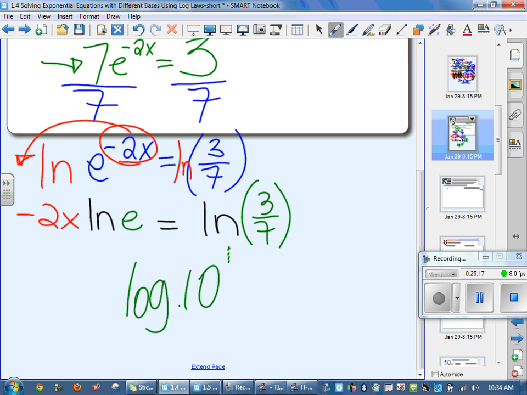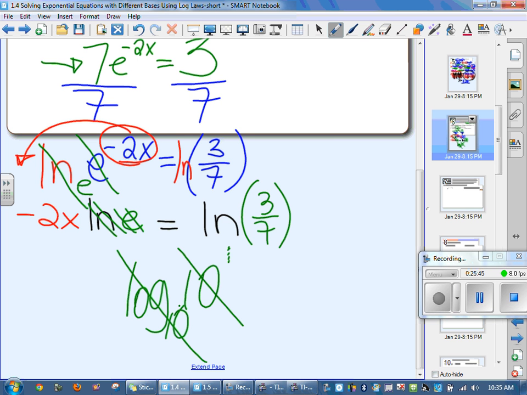So in this case, I don't even actually have to take it off the front. We could have just done this, because it's base e. Same base and argument, you can cancel them. So it's just going to disappear here on the left. So all you've got on the left now is negative 2x equals ln 3 over 7. Same properties. So let's rewrite this.